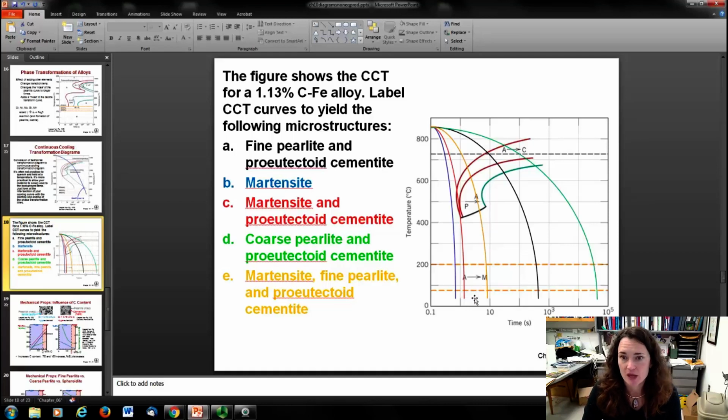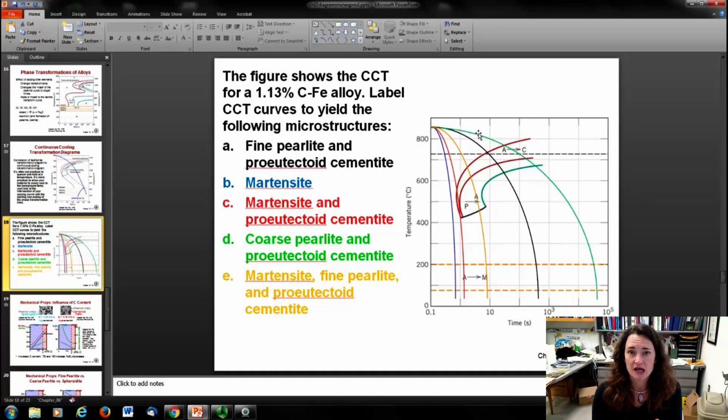There it is. In the green here, it's coarse perlite and proeutectoid cementite. The only difference between parts A and D here is how long I let the reaction go. You can see the green intersects it way out here, and the black intersects it a little closer in. And as we said, that diffusion takes place over time.